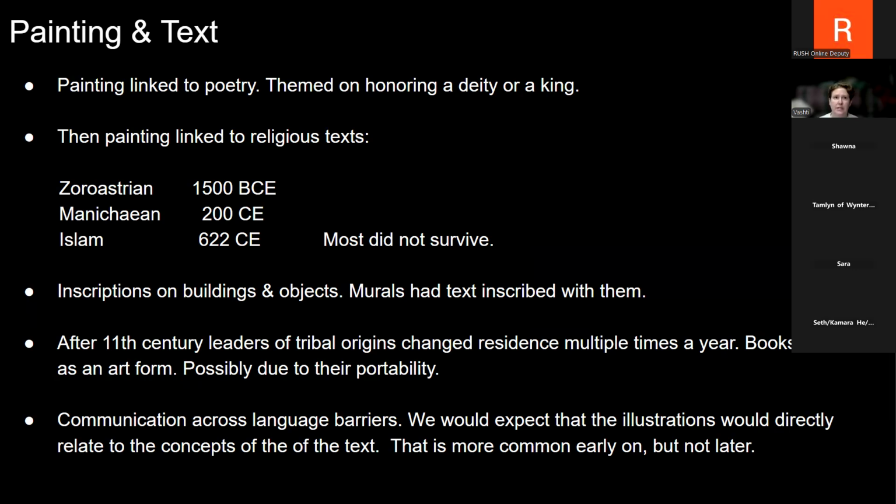But they're all associated with written passages. Even the murals on the walls would have quotes from poetry or religious texts or the origin myths with the paintings. And some walls don't have any paintings, they just have scriptures written on them.